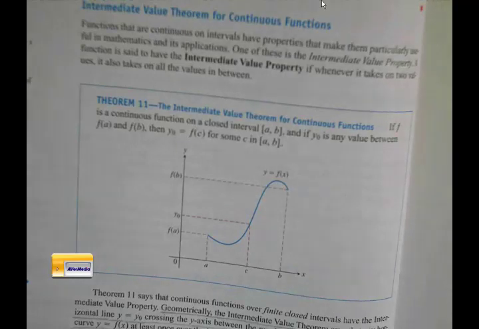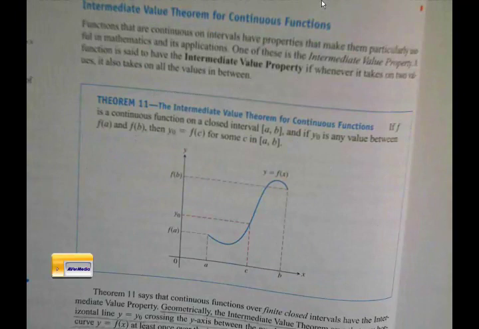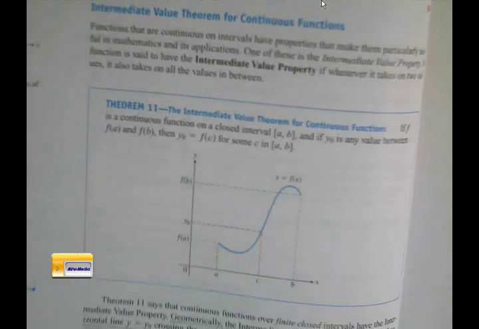So if it's a continuous function on a closed interval between two x values, and they're using a and b as x values, like maybe 2 and 10, and if y sub 0 is any value for y between f of a and f of b, then y sub 0 equals f of c for some c in the interval. Think about that for a minute.